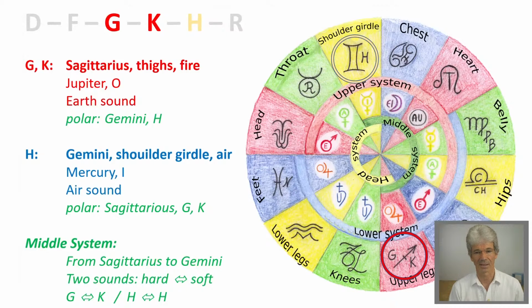And when you remember that last week we were working with F and D, Leo and Moon, then in a way Moon and Sun, Cancer and Leo, water and fire were the pretty opposite elements which kicked off this sequence.